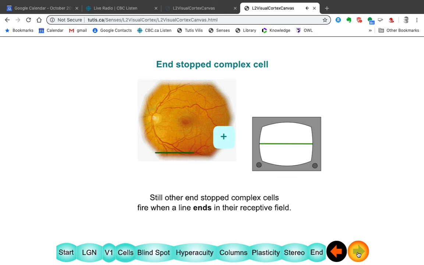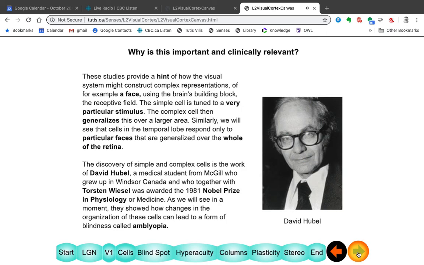Another type of cell that you might find is a cell that fires when a line ends in its receptive field. Okay, and we'll see more of this type of cell in a moment. So you can see that when the line ends in that receptive field, the cell fires.